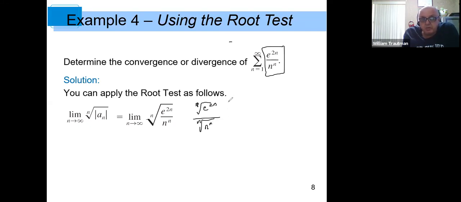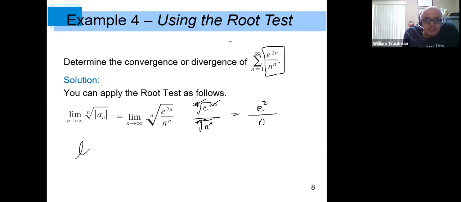You can break it apart if you want. And if you notice, the power and the root can cancel. Here, same thing. The root and the power can cancel. It still has an e to the 2, but it can cancel like that.